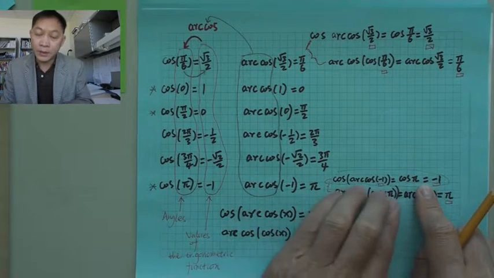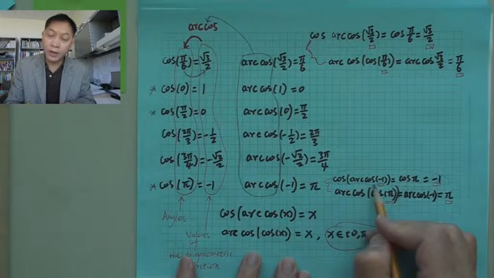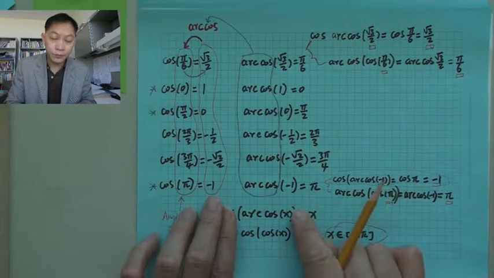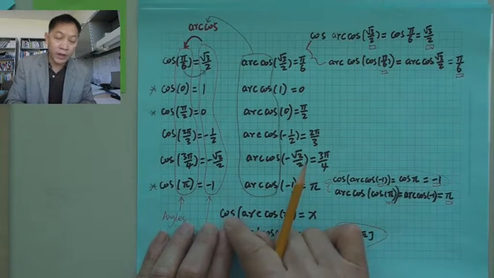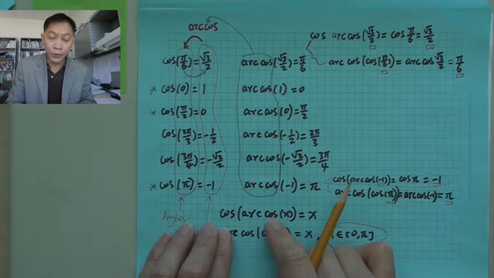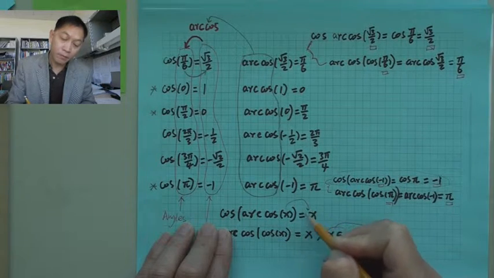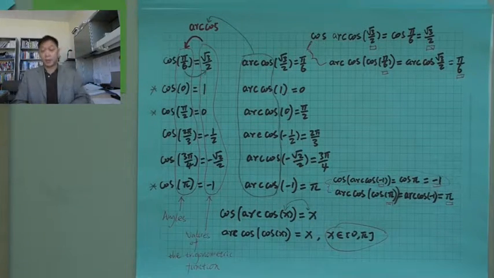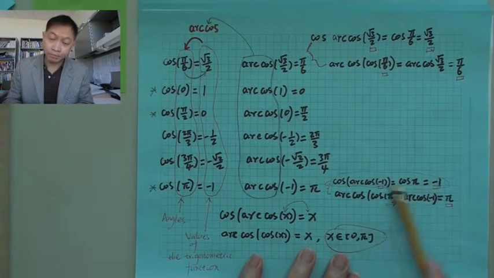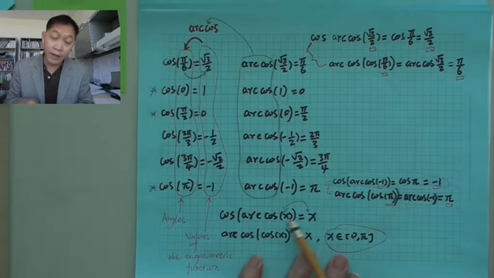What I'm saying is that arc cosine acts on a value first. You then put cosine in front of arc cosine, and you get the same x. So those two are the same. This is very important. This is the special values, but this actually works for any values.